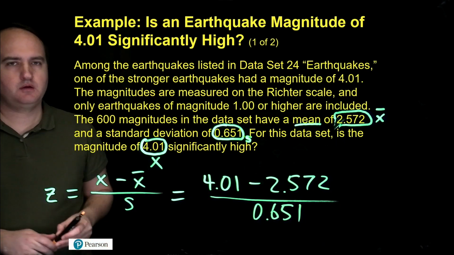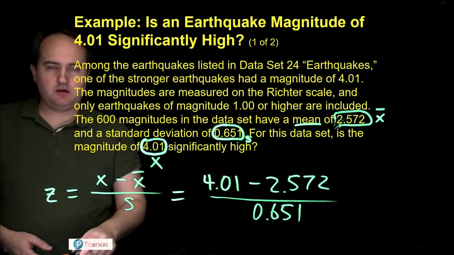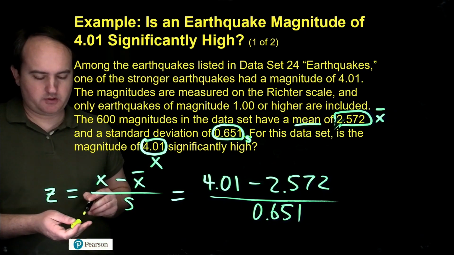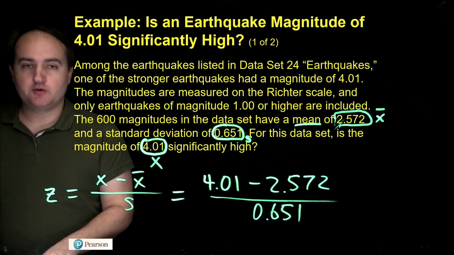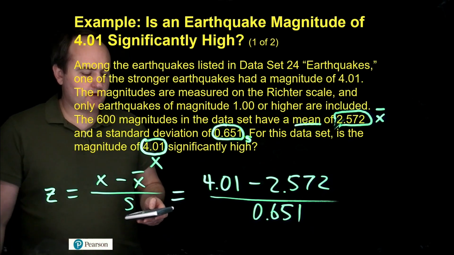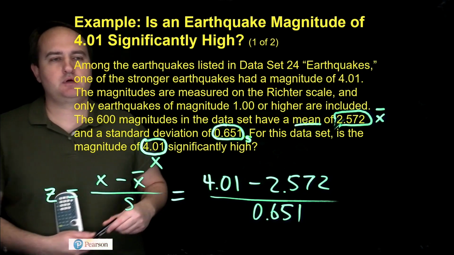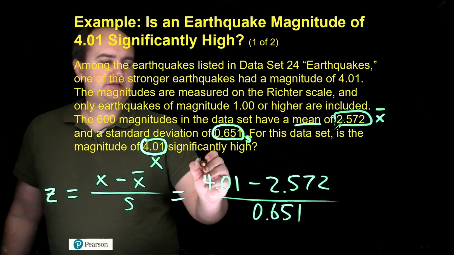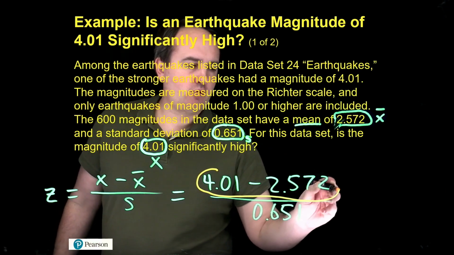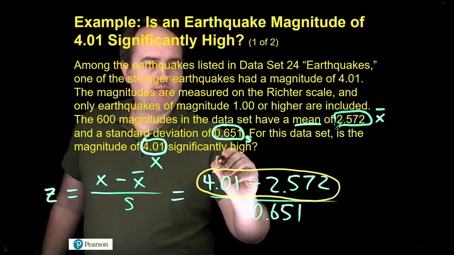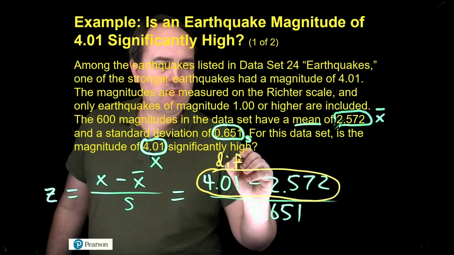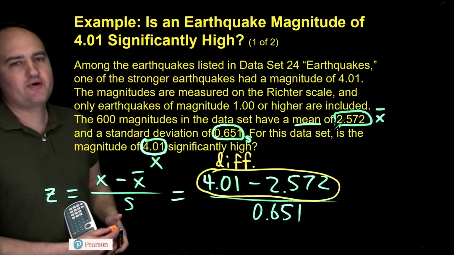When you're doing your homework with these z-score problems, they're going to ask you to find the difference first. Here the difference is just the numerator, so 4.01 minus 2.572.